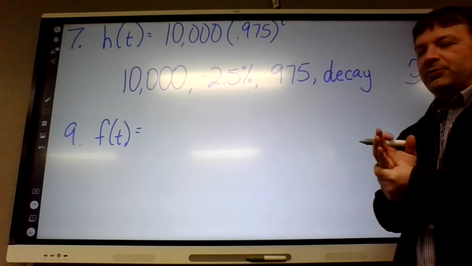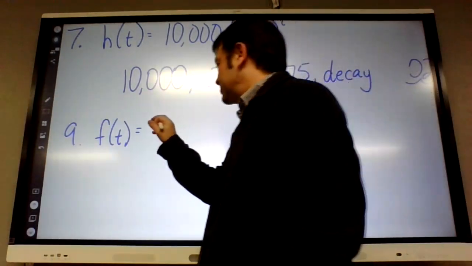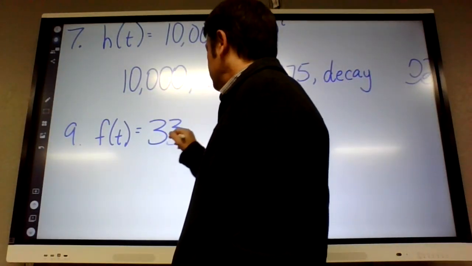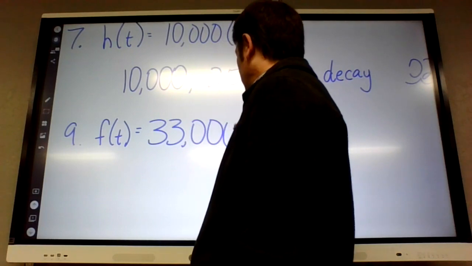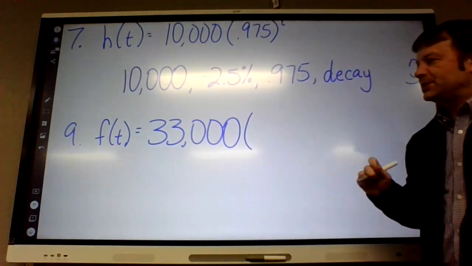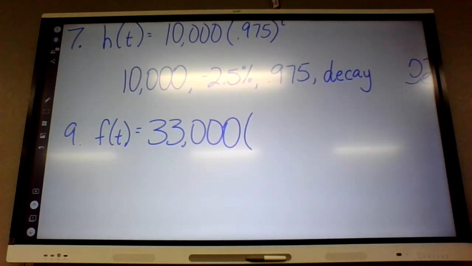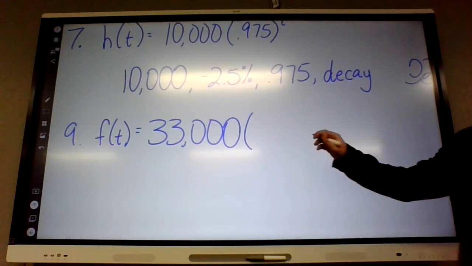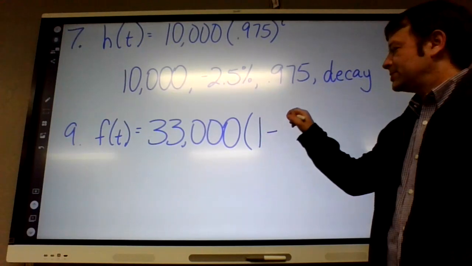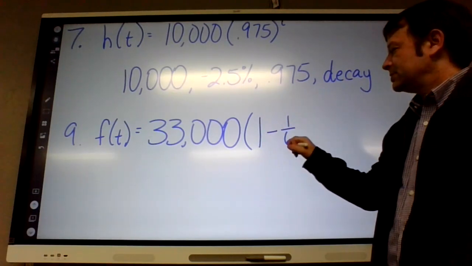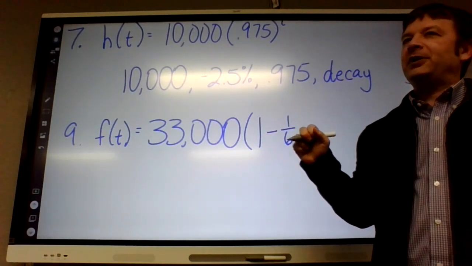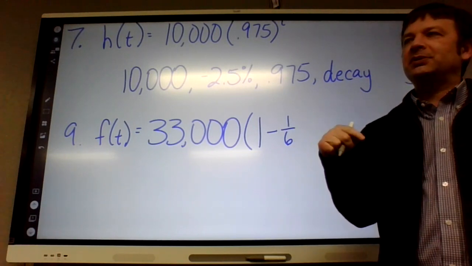So what am I going to start with? 33,000. Okay, then comes the parentheses. So it's supposed to lose 1/6 of its value. 1 minus 1/6. Okay, let's go ahead and simplify that though. What is 1 minus 1/6?